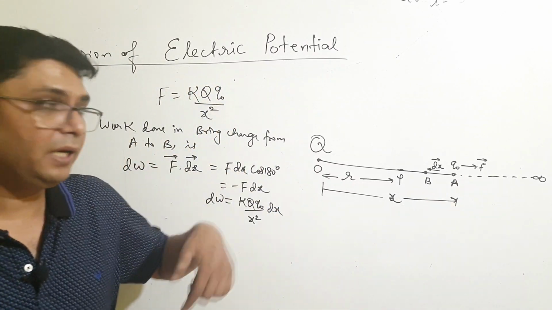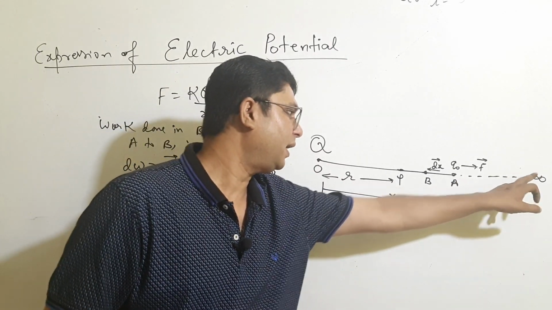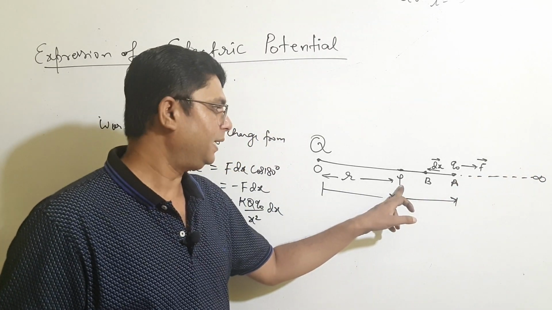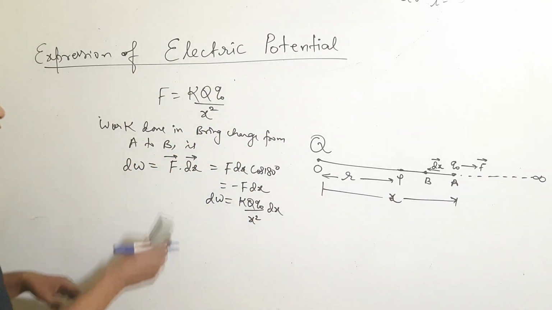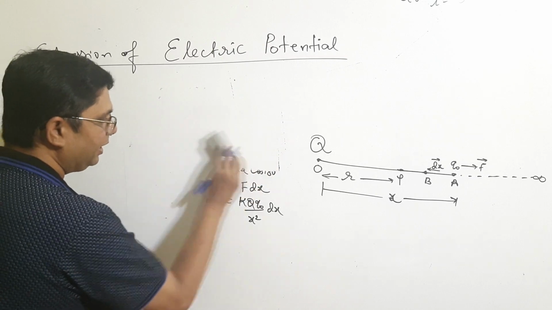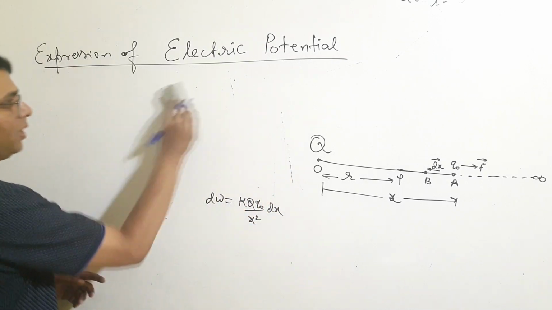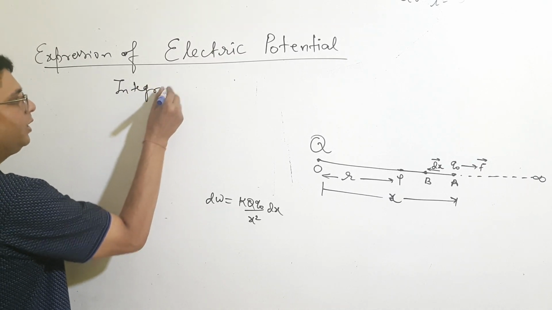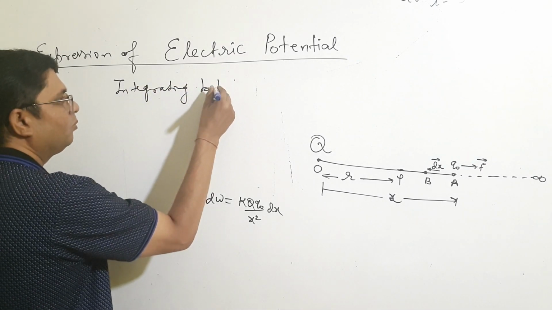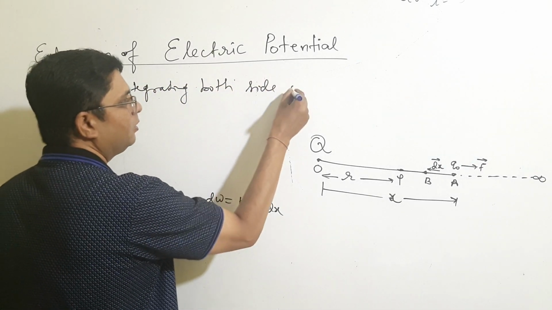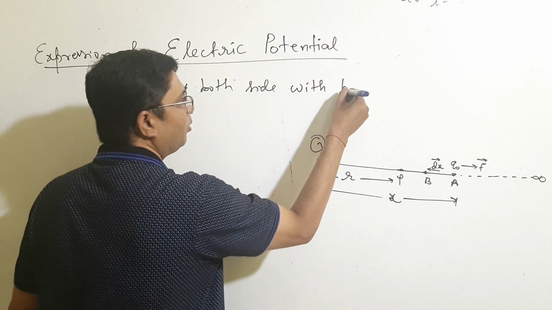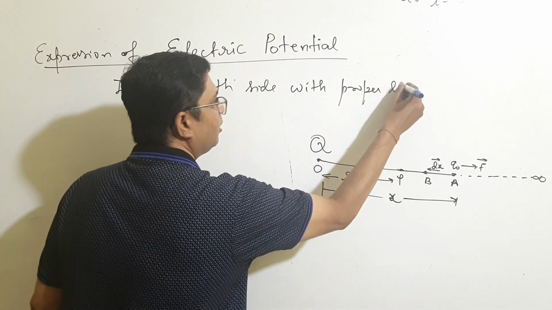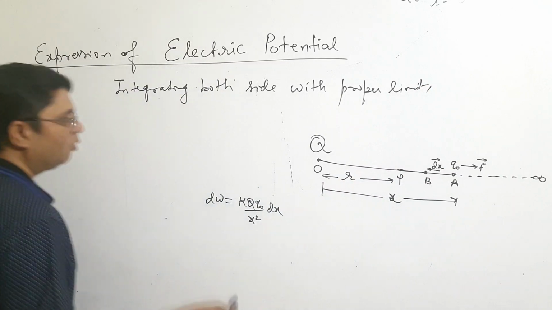But the requirement is to bring the charge from infinity to point P, that is R distance. So we have to integrate it, integrating both sides with proper limits. What will be the limit?